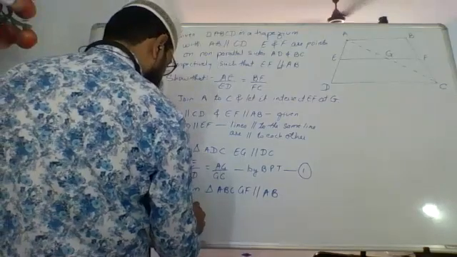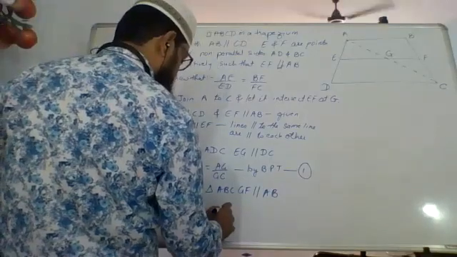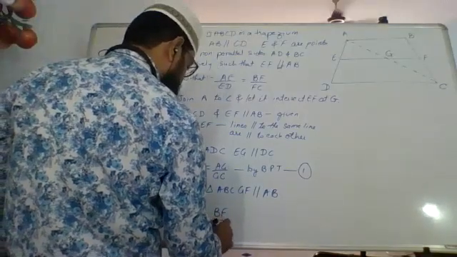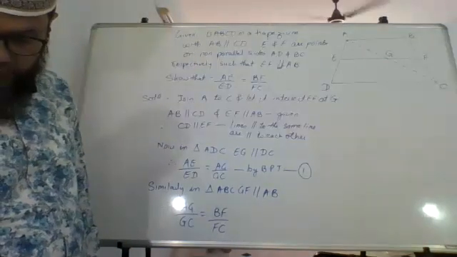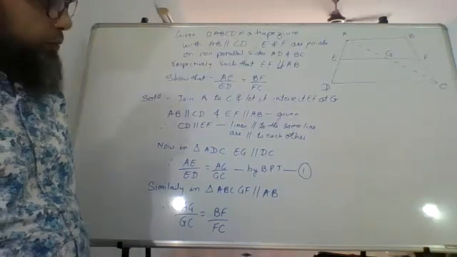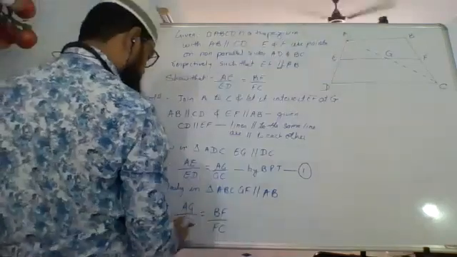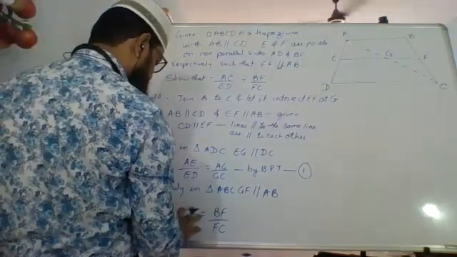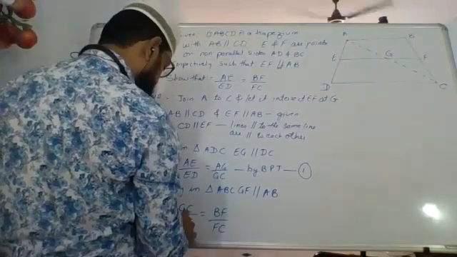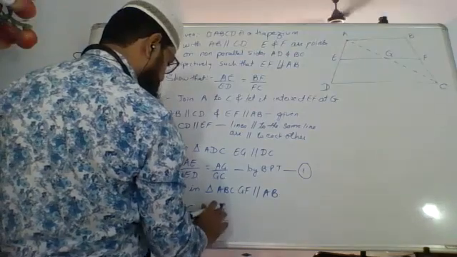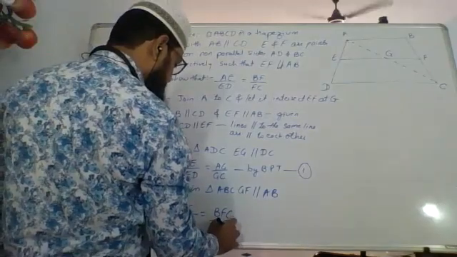Therefore, GC upon AG equals FC upon BF.